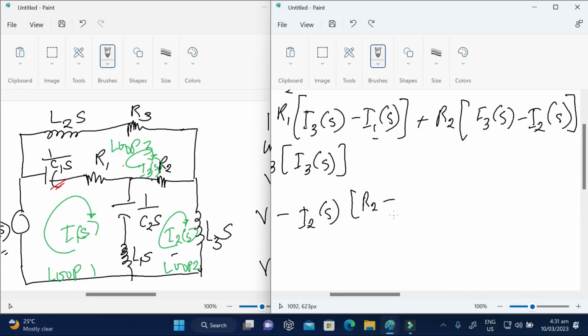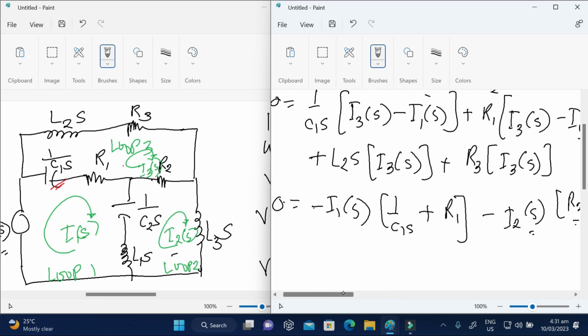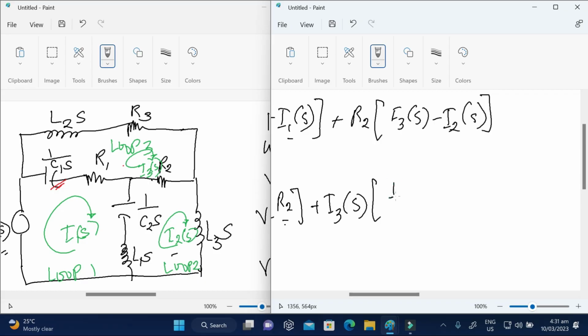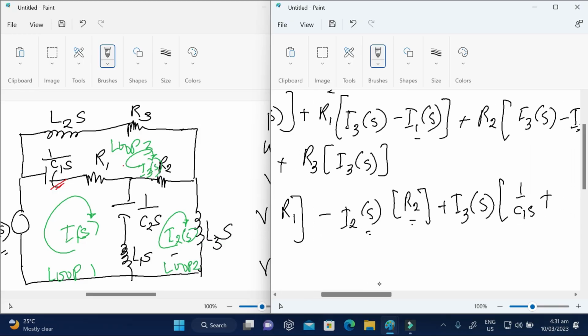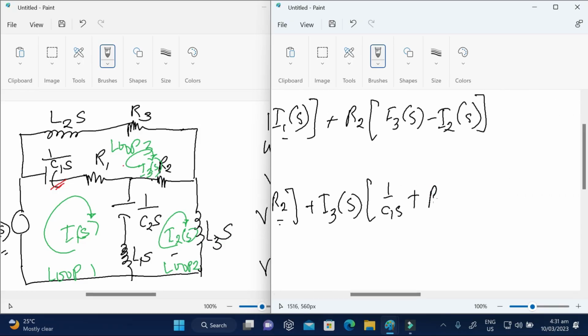So, wala na tayong ibang voltahe na merong current na I2. Plus, si I3S, multiplied by 1 over C1S plus R1, plus si R2 plus si L2.